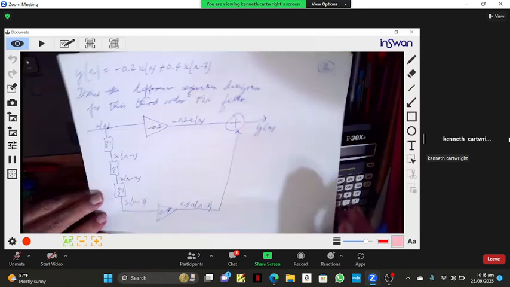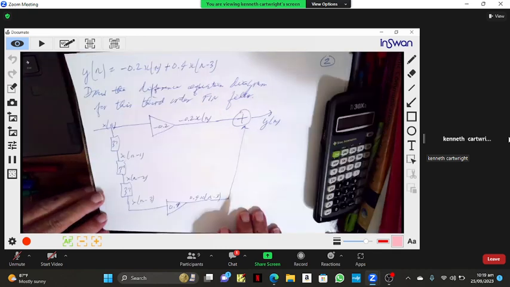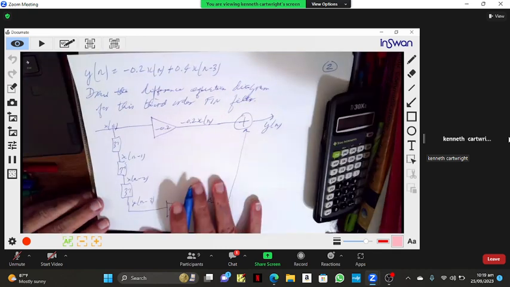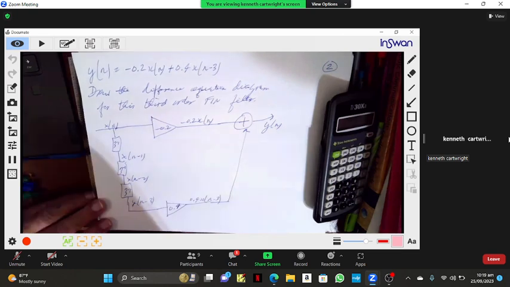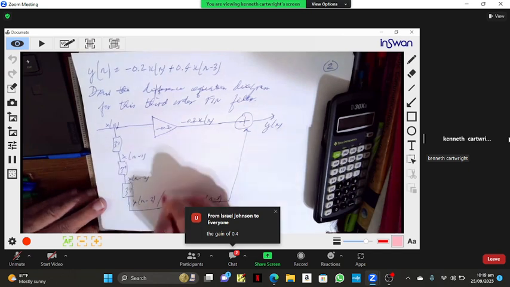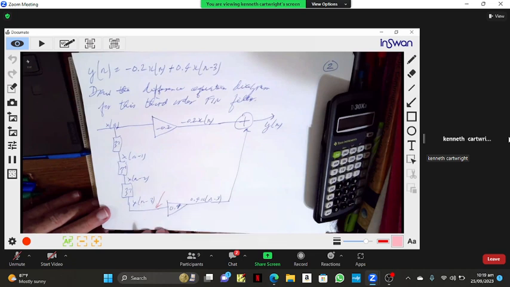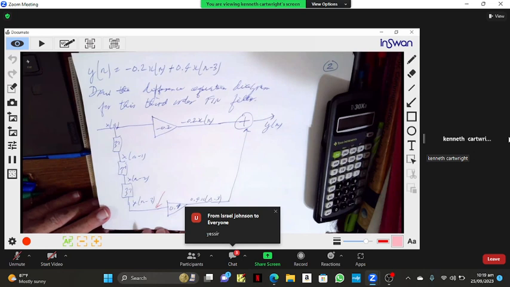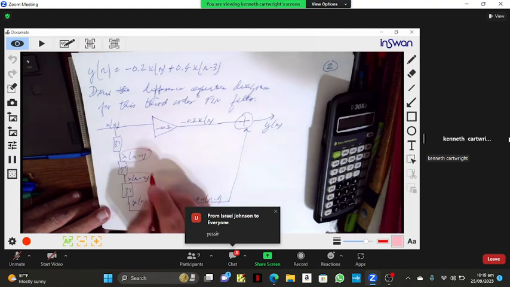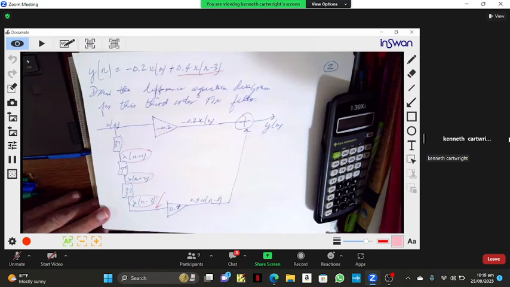What does that mean, the delay at the bottom? The third order delay is right here. That's where the third order delay is. This is the first order delay. This is the second order delay. This is three. Any other questions?